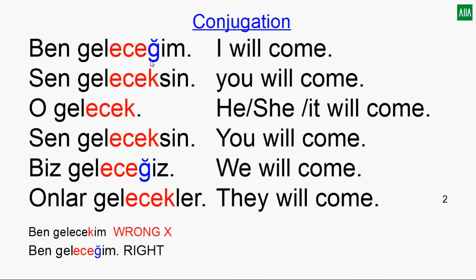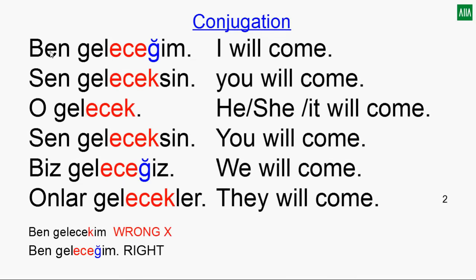Why did I put this? This is an important point here. After which subject pronouns do we use it? Ben, which means I, and biz, we. So in positive and negative forms, keep it in your mind: if you use future meanings, the letter K after -ecek, like this here, turns into soft G. But after which subject pronouns?